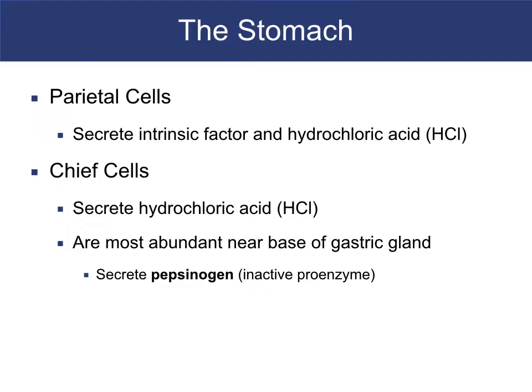When it says pepsinogen, it's inactive. Once it's secreted out into the stomach, it meets up with all the other stuff that's out there, and it turns into pepsin. Pepsin is actually the active enzyme. Okay, pepsinogen is the inactive proenzyme or pre-enzyme, sort of. Does that make sense?